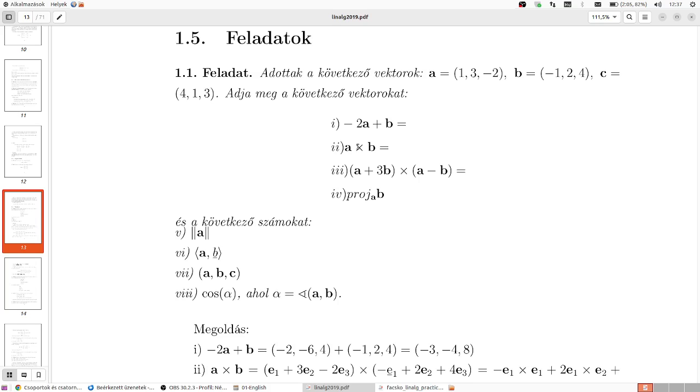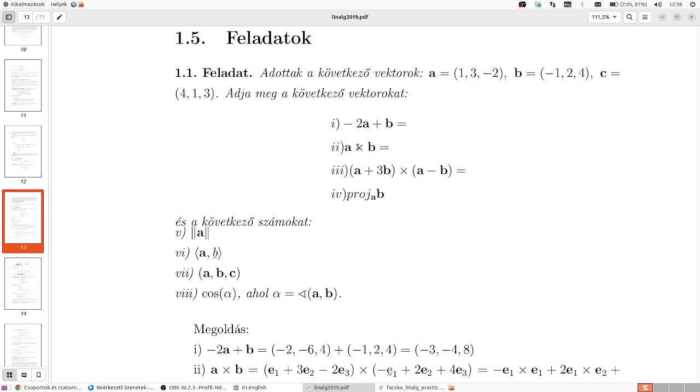Okay, so we have 3, and that's... so this is the result, and it's not so nice a result, but well, that's the task. Okay?